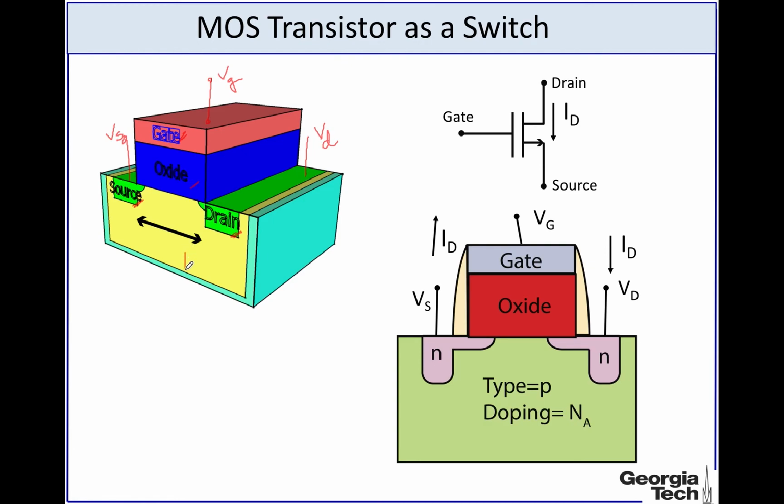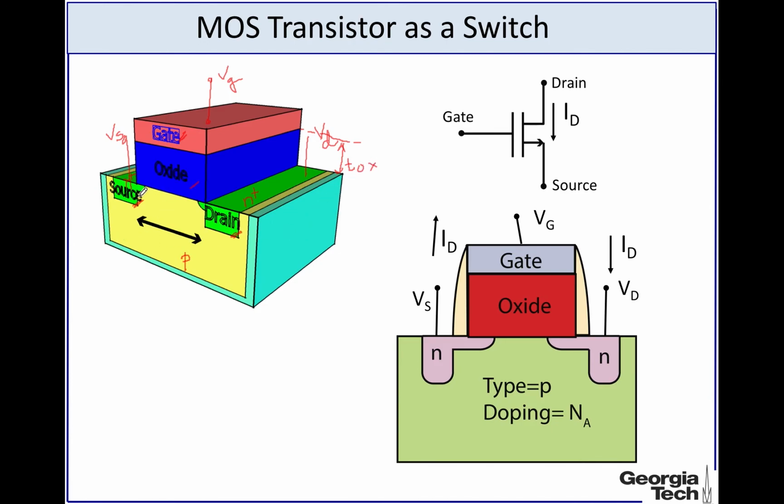Now if this region, the yellow region, which is the channel, is p-type, then the drain will be n plus, meaning that it will be very highly doped with a donor. Now there are a bunch of quantities that define the transistor. The first one is the thickness of the oxide, which we call Tox.